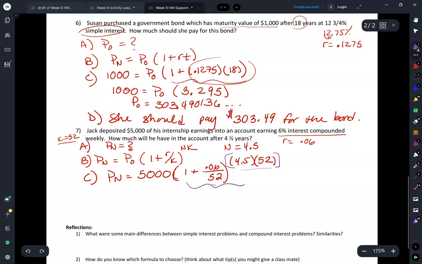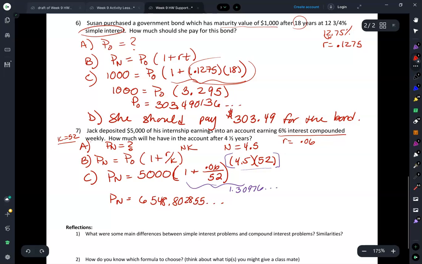And so all this here comes out to be 1.30976, and so on and so forth. And I'm going to multiply that by 5,000. And so I get P sub N equals $6,548.802855.